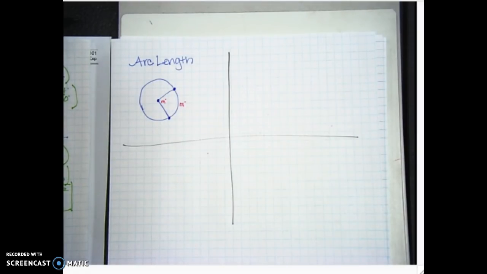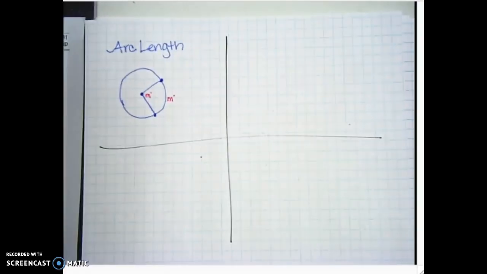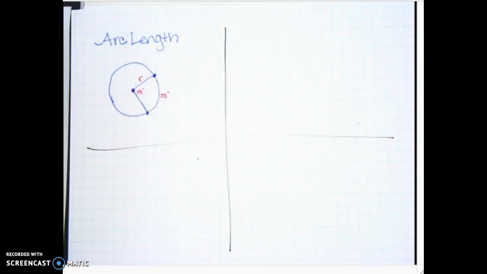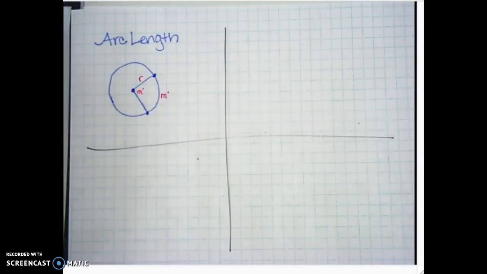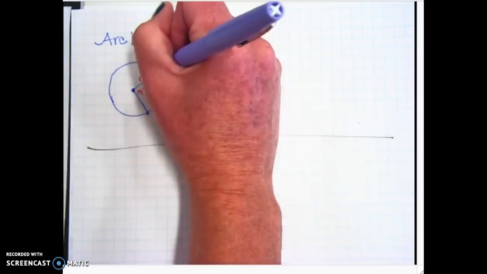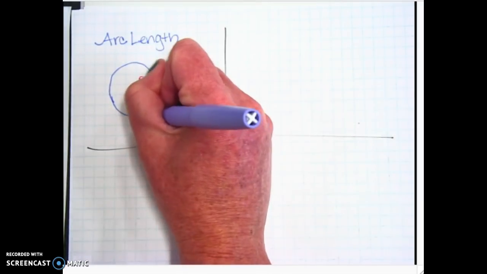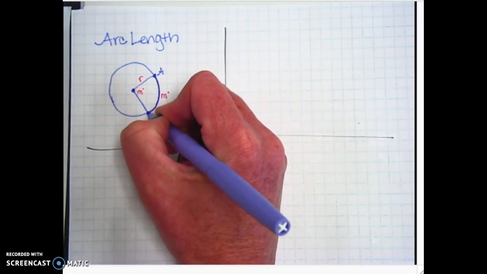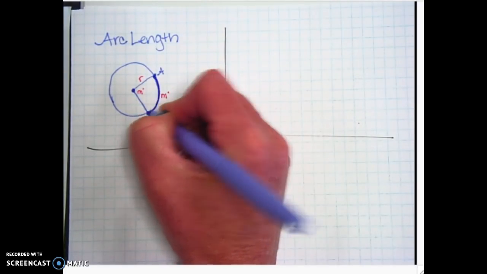The other piece of information you're going to have is a radius. One of those radii will have a measurement on it, or that's what you're solving for. Then we have a name for this arc length. The arc length is the distance from A to B right here.